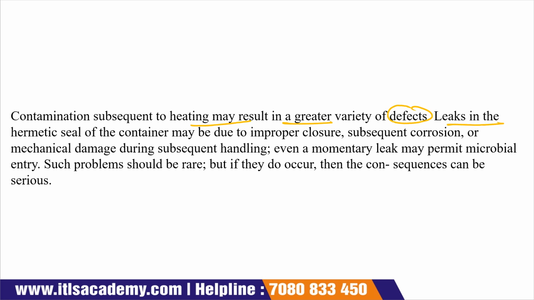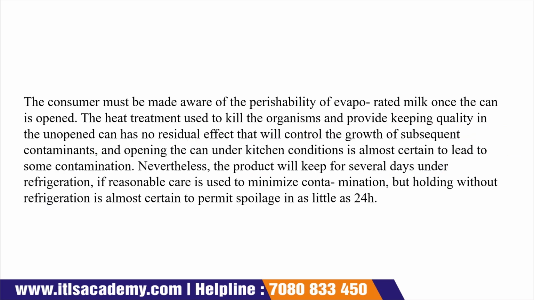Leaks in the hermetic seals of the container may be due to improper closure, subsequent corrosion, or mechanical damage during subsequent handling. Even a momentary leak may permit microbial entry. Such problems are rare, but if they occur, the consequences can be serious.